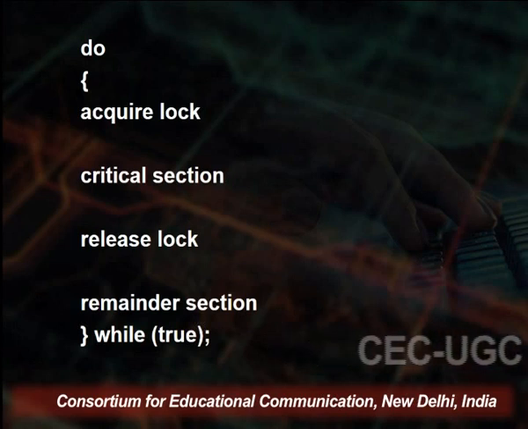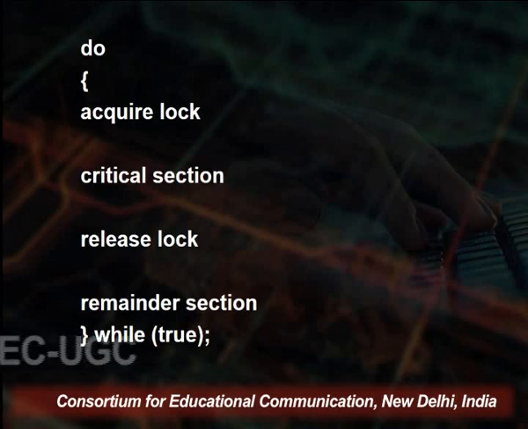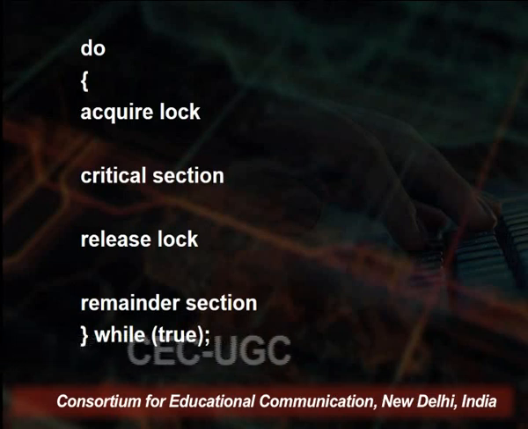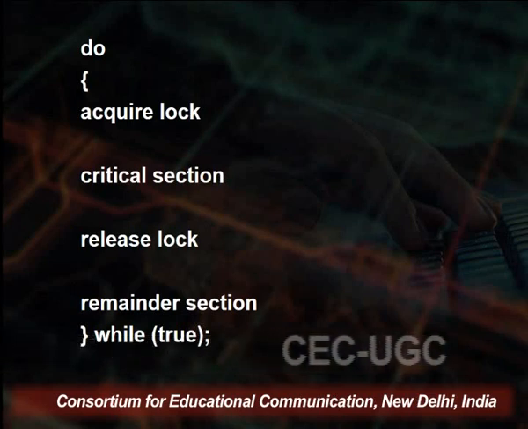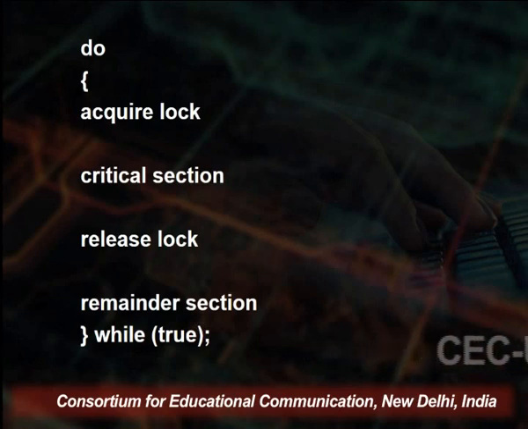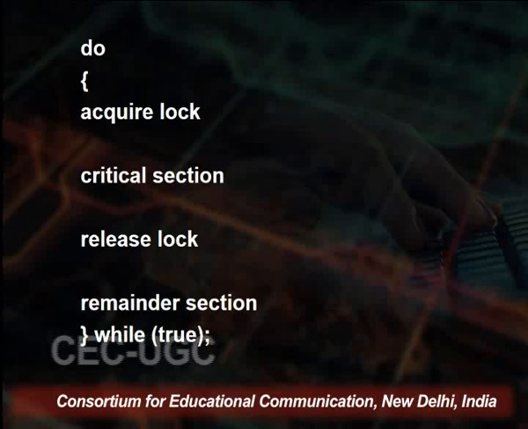So there is acquire lock, then the critical section, and after completion of the critical section the lock will be released. The critical section, as you are all aware, is followed by a remainder section, and this goes on while the condition is true.